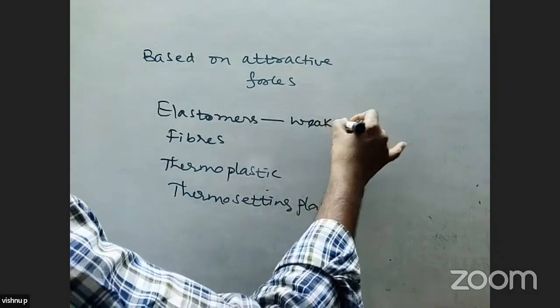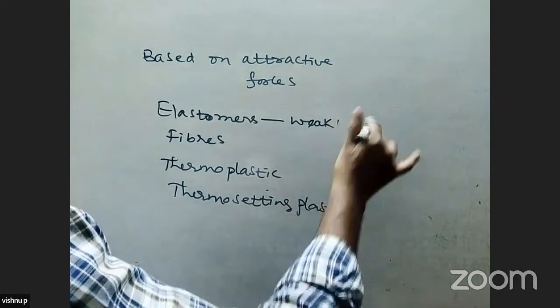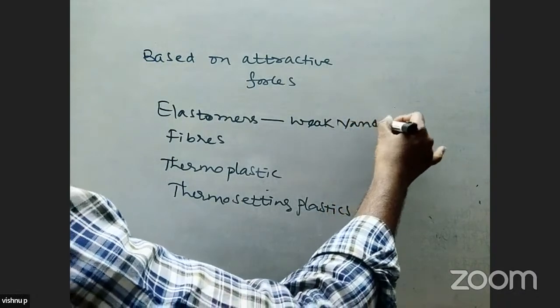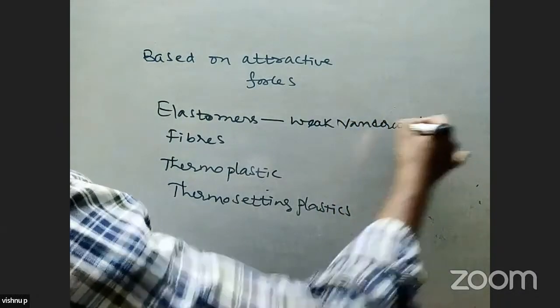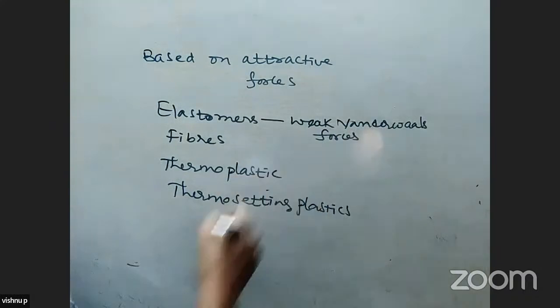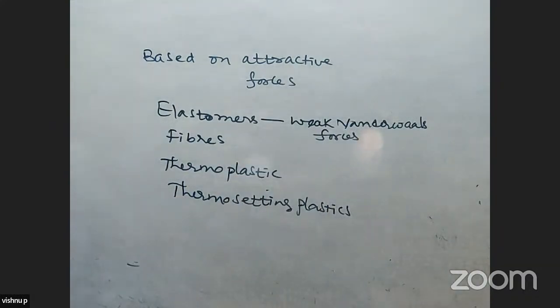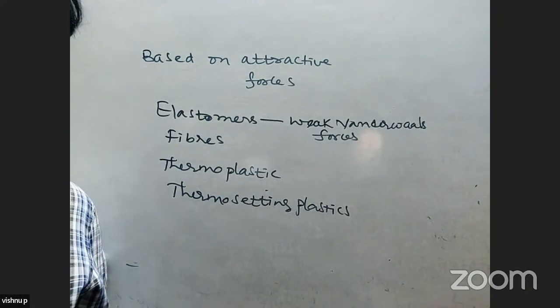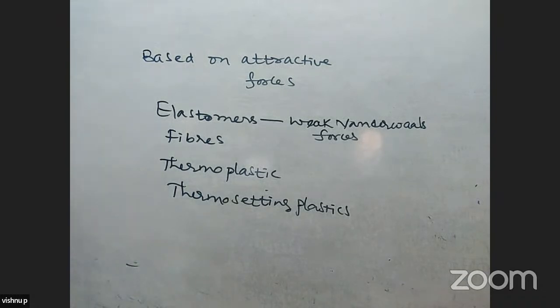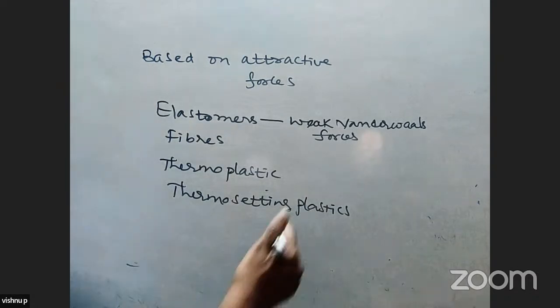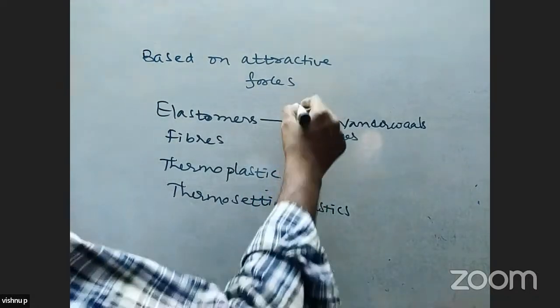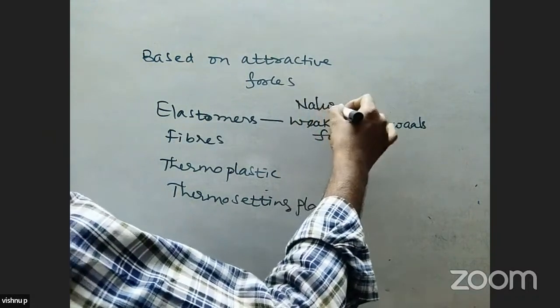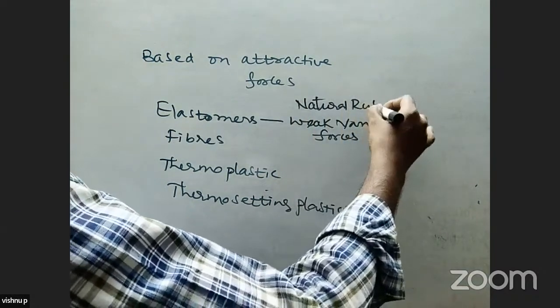Weak van der Waals forces are present. Elastomers show the property of elasticity. So weak attractive forces are present. Example, natural rubber.